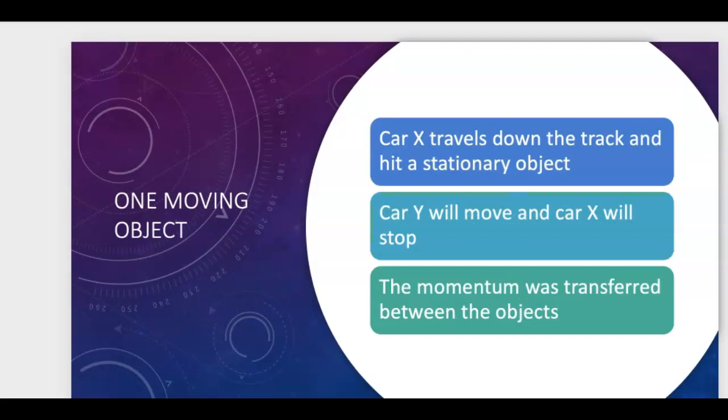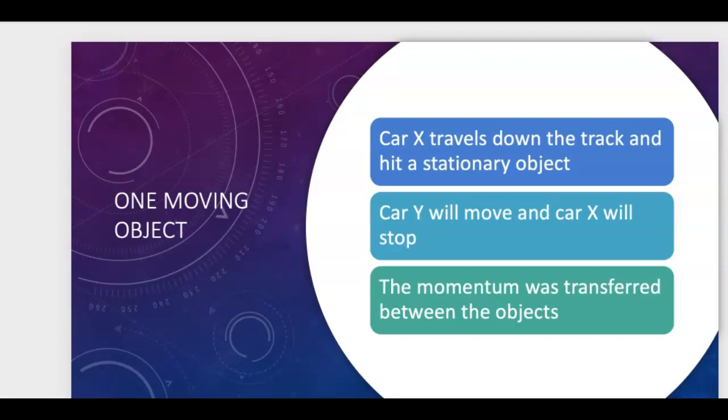The second one is when one object is stationary and the other one is moving. Car X is traveling down the track and hits car Y that was stationary. Car Y will suddenly move and car X will stop at that place. The momentum was transferred between the objects. One starts to move, one stops.